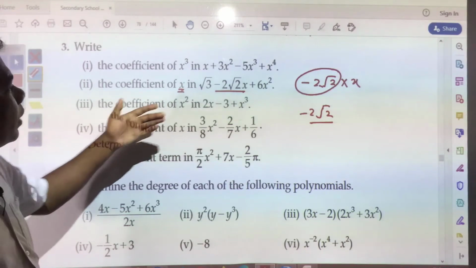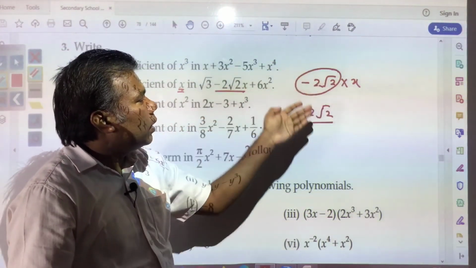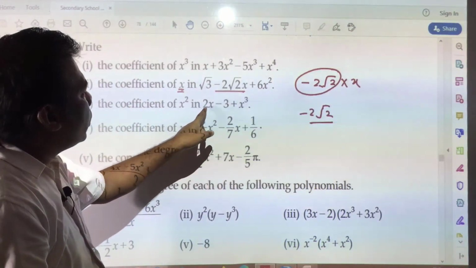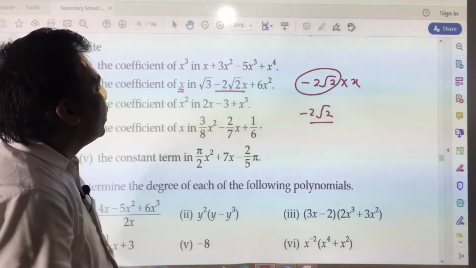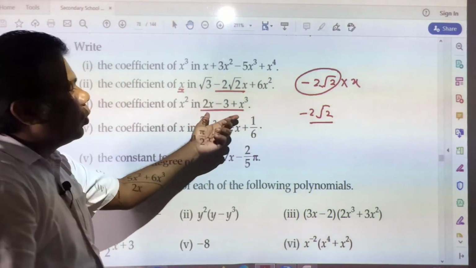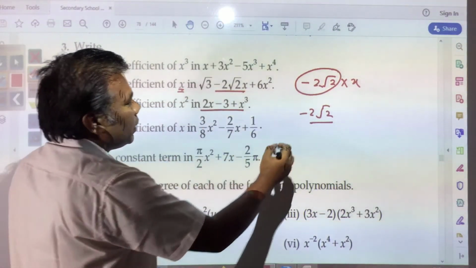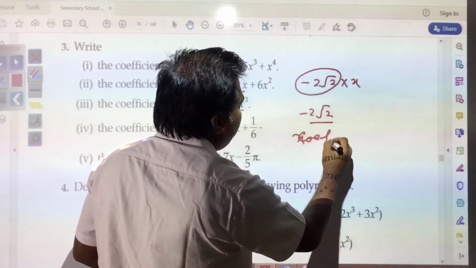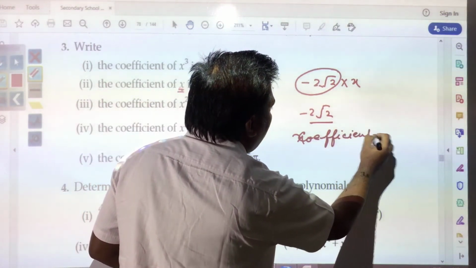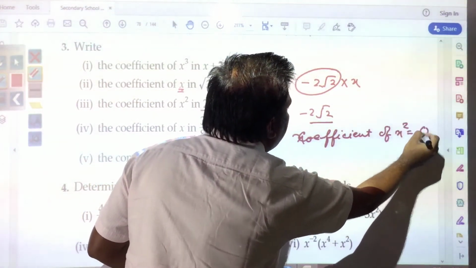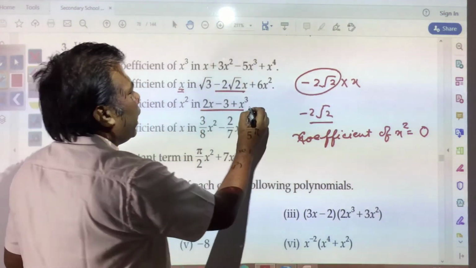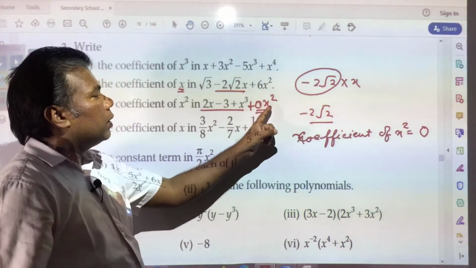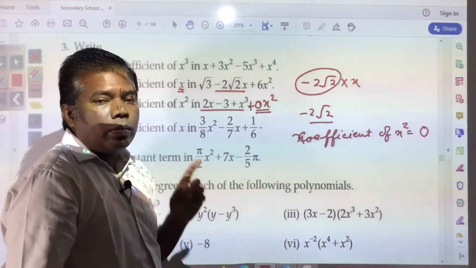But in the proper way, as in the first question, the answer is required to be written. The coefficient of x square in 2x minus 3 plus x cube. Here you do not have an x square term. So the coefficient of x square is 0, nothing is there; it can be added as 0 x square, so the coefficient of x square is 0.